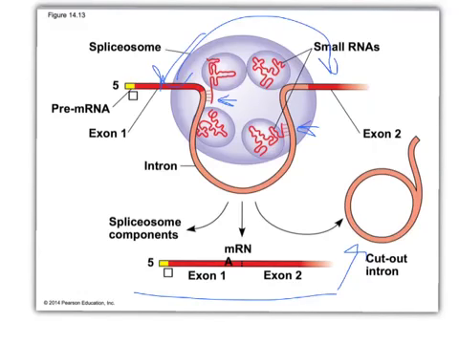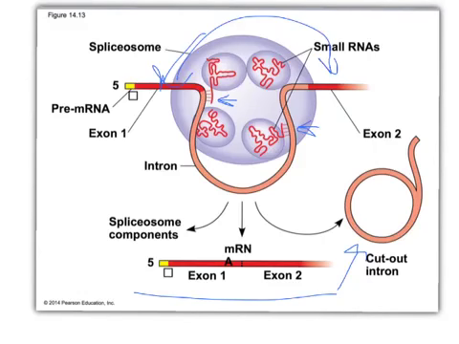Do the introns go anywhere? So the cutout lariat is RNA, but the cell doesn't have what? The cutout introns are lacking two things.